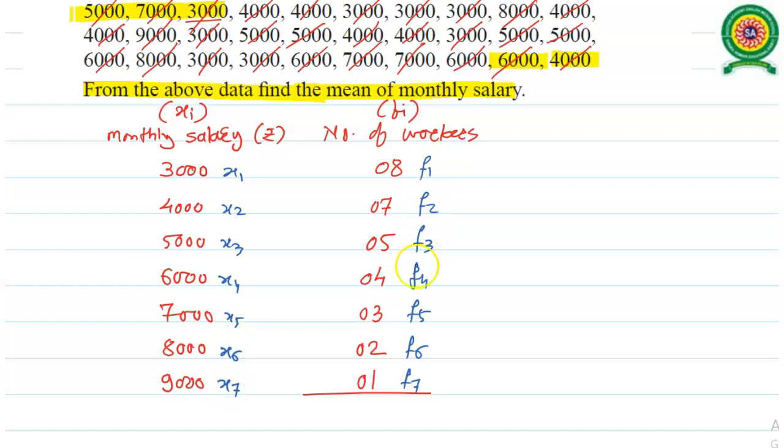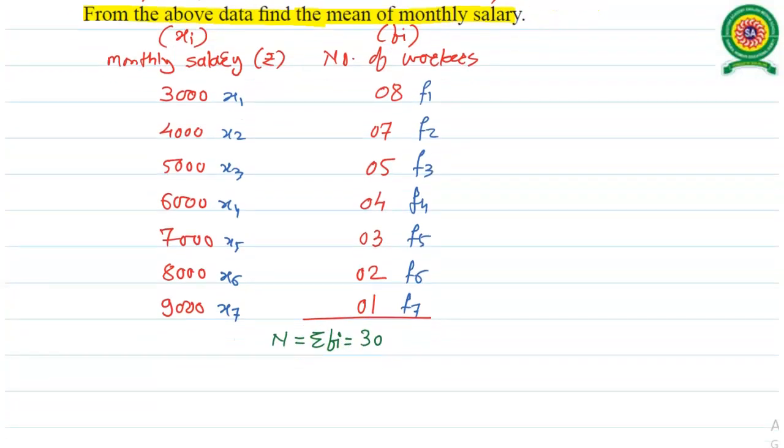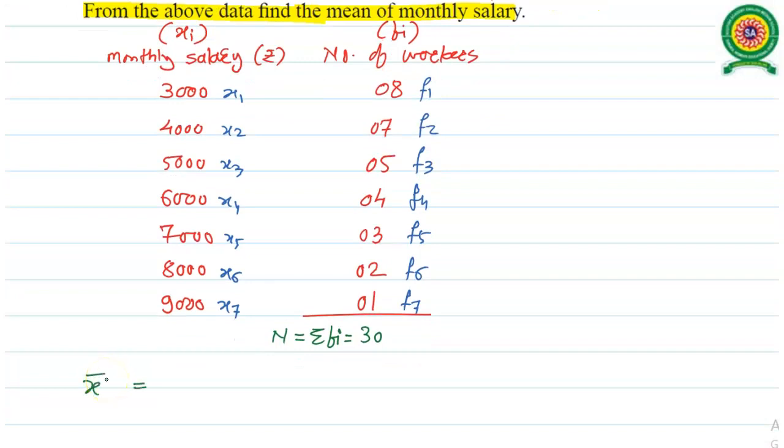Let us add up f1 plus f2 plus f3 and so on. 8 plus 7 is 15, 15 plus 5 is 20, 20 plus 4 is 24, 24 plus 5 is 29, plus 1 is 30. So the total frequency, denoted by capital N or sum of fi, equals 30. Now to evaluate the mean, denoted by x bar, the formula is the sum of xi fi divided by sum of fi.